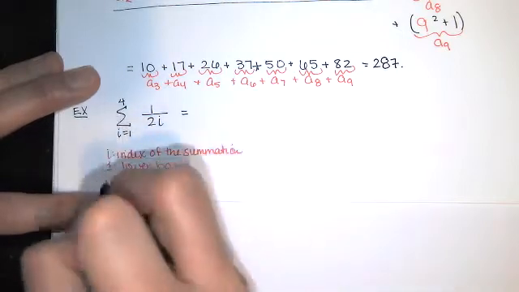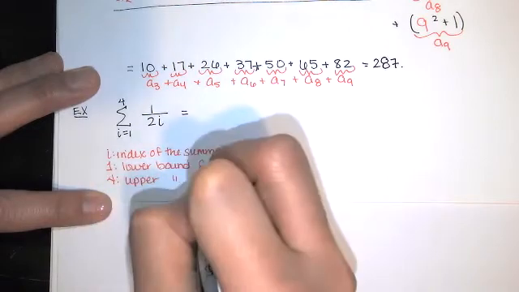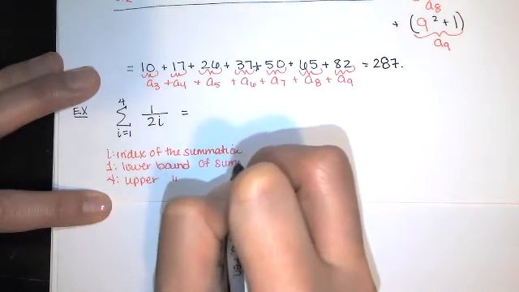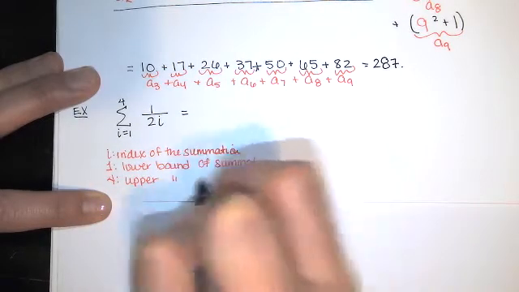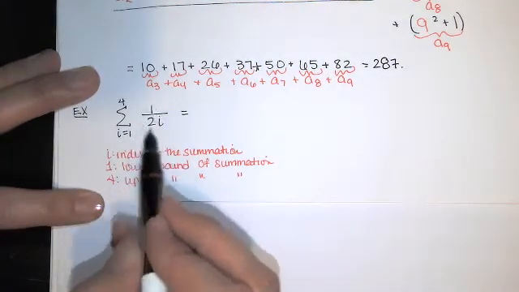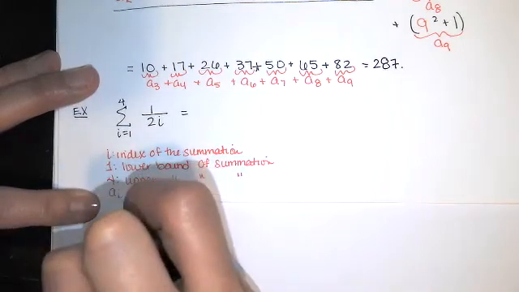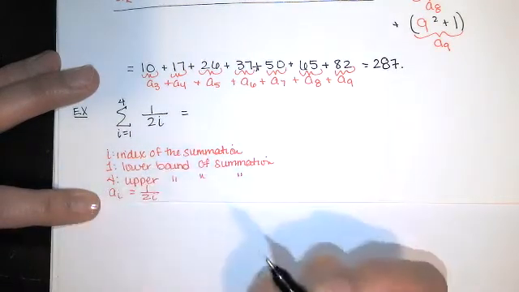The upper bound is 4, that's where we stop. And then the ith term is 1 over 2i. So a sub i is represented by 1 over 2 times i.